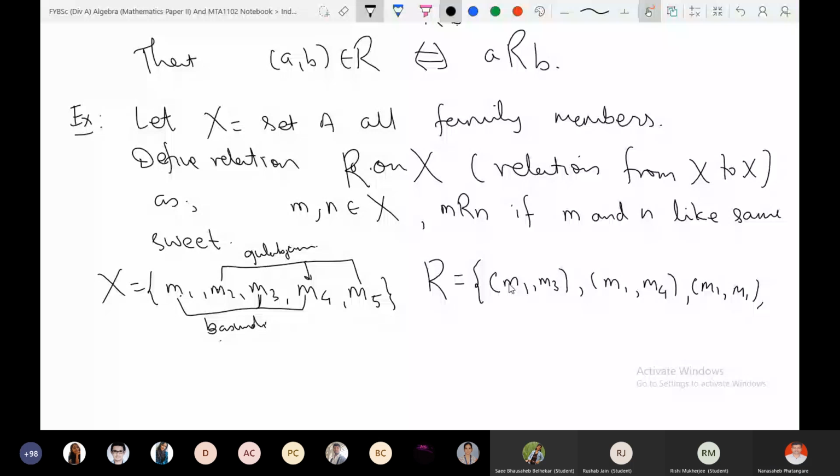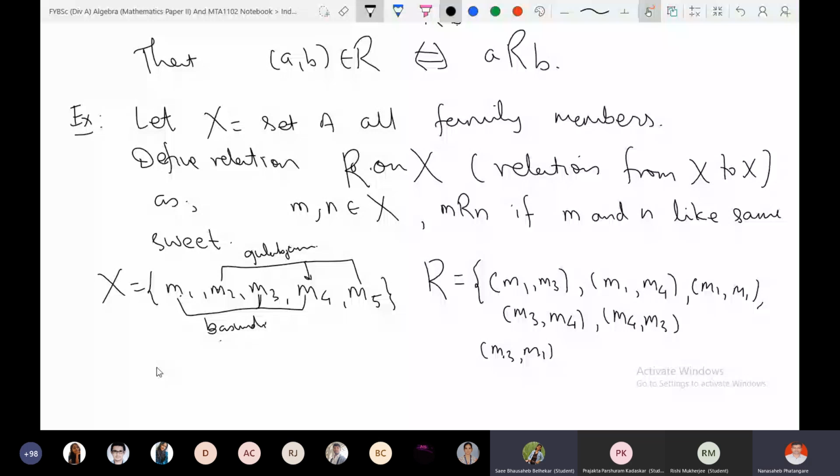So we can write (M3, M4), and (M3, M3), (M4, M4), (M4, M3), and (M3, M1), because M3 and M1 like the same sweet, so this pair must be there.